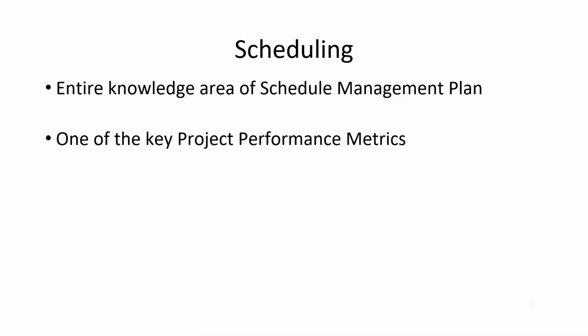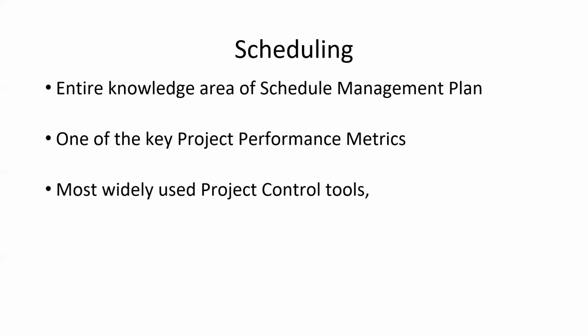Then it's one of the key performance metrics. Those who have been working on projects would know that scheduling, with cost and quality, are among the most sought-out performance metrics on projects. If you have to gauge how successful a project is, you pretty much look at those three metrics: cost, scheduling, and quality. That puts a lot of emphasis on scheduling, and therefore you have a lot of project control tools to ensure that you are controlling your schedule.